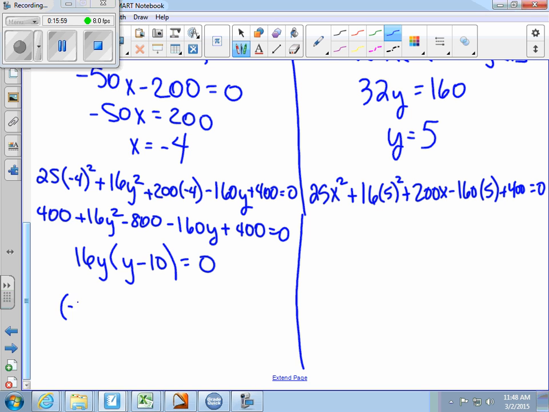So the 2 points are negative 4, 0 and negative 4, 10. Yuck, I know, gross problem. Practice problems do that to us sometimes.